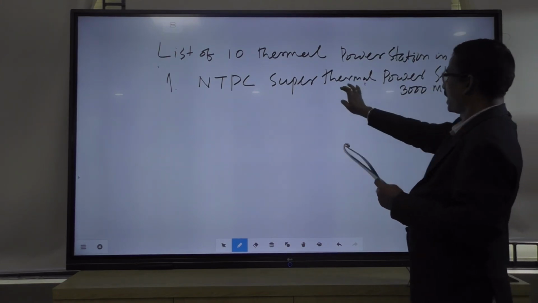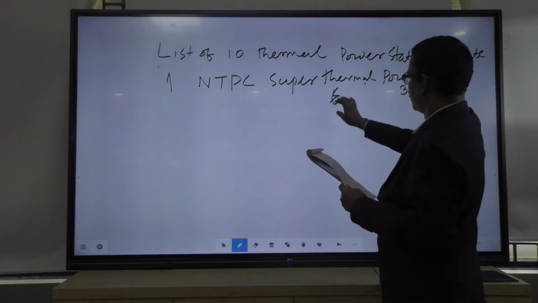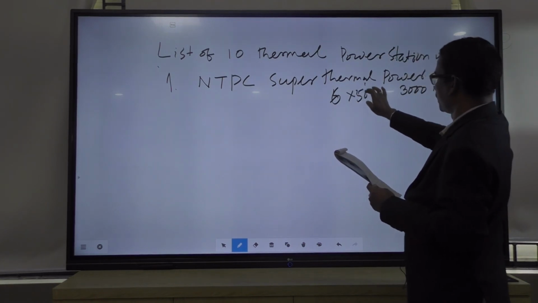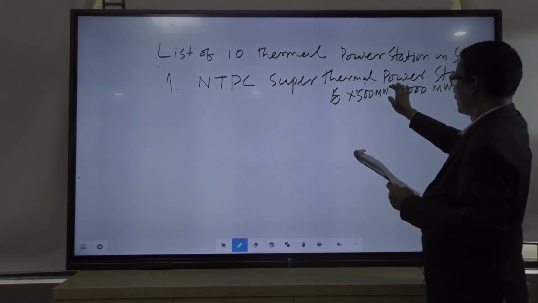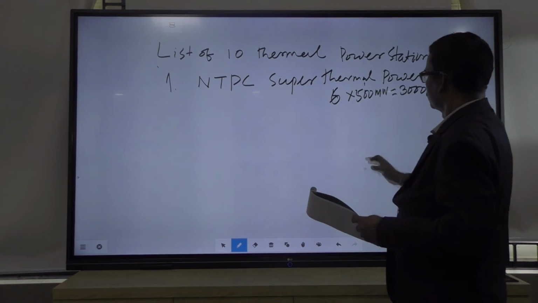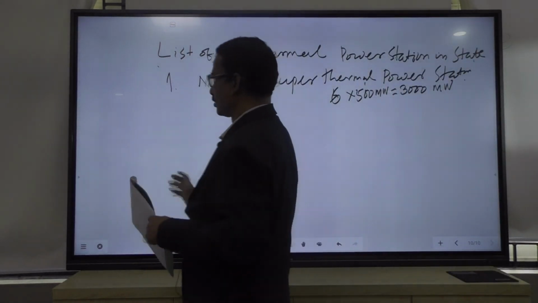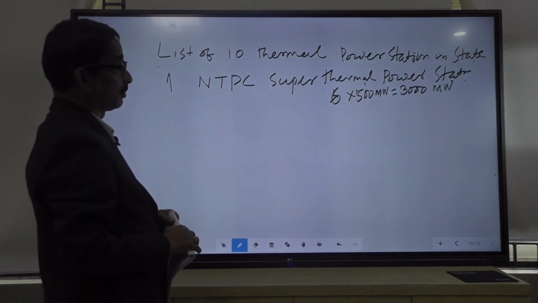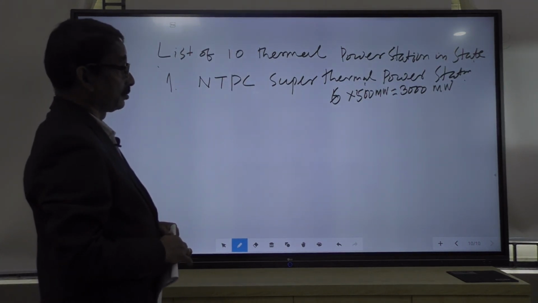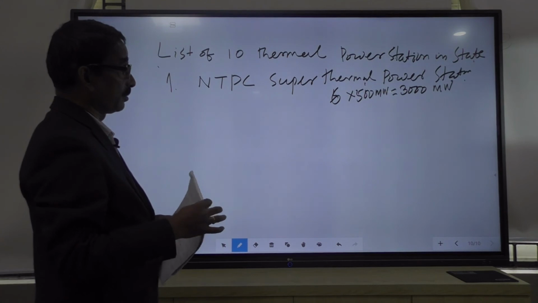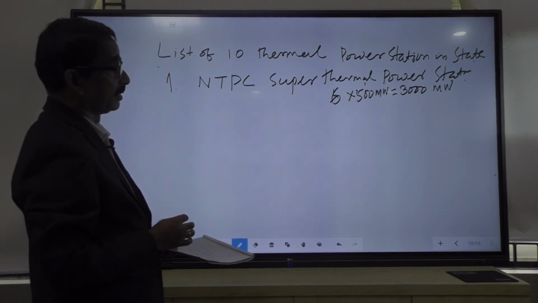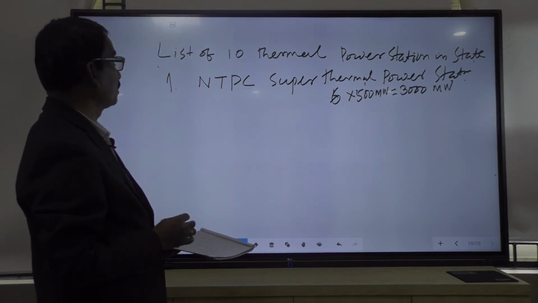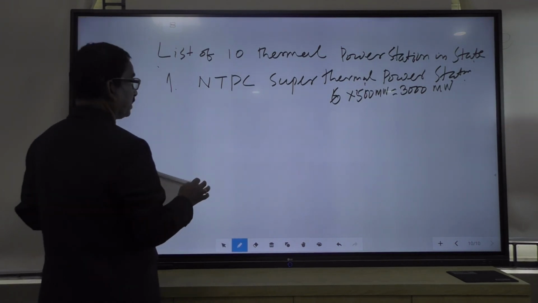That is, it has 6 units of 500 megawatt each. One unit produces 500 megawatt from one turbine, similarly there will be 6 turbine units. Total capacity is 6 multiplied by 500, which is 3000 megawatt, of NTPC Kaniha in Angul district.